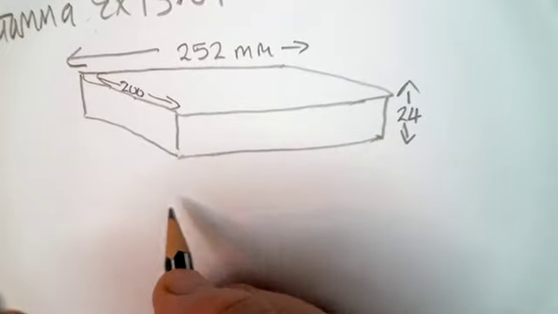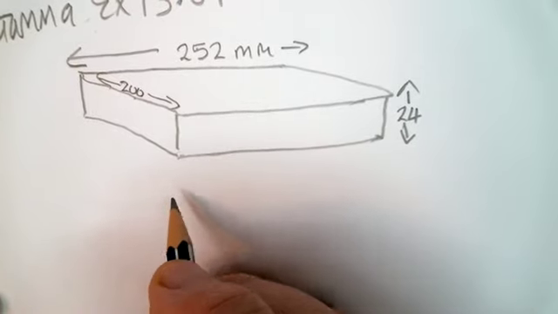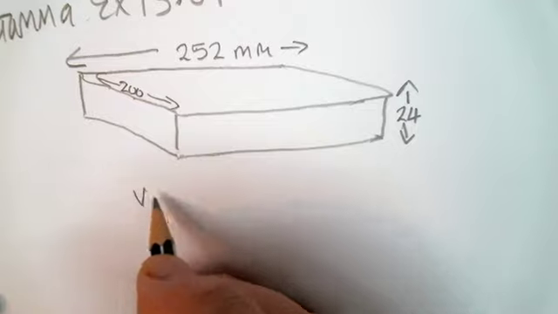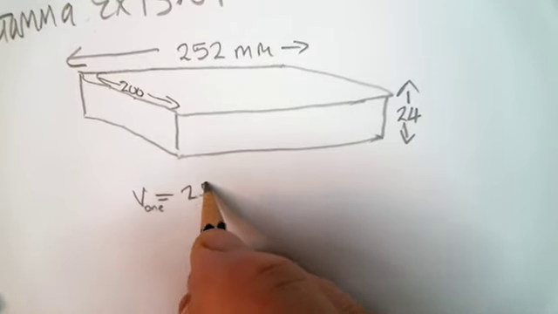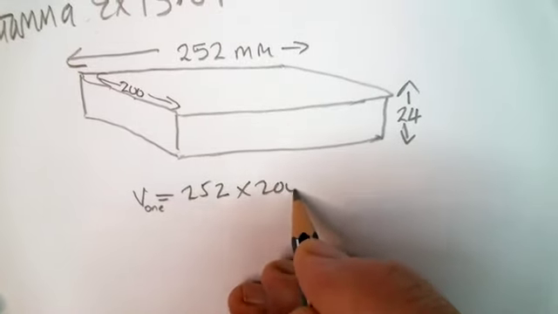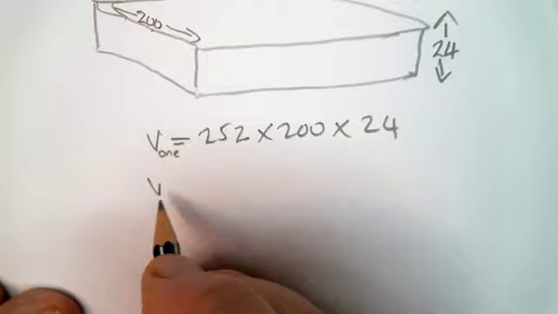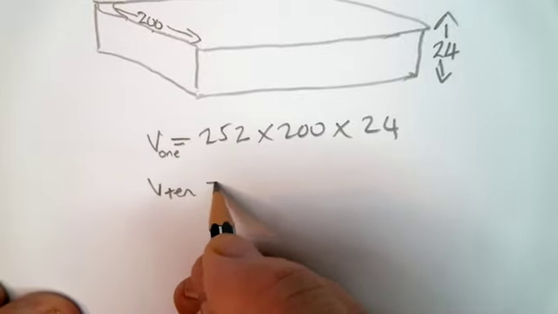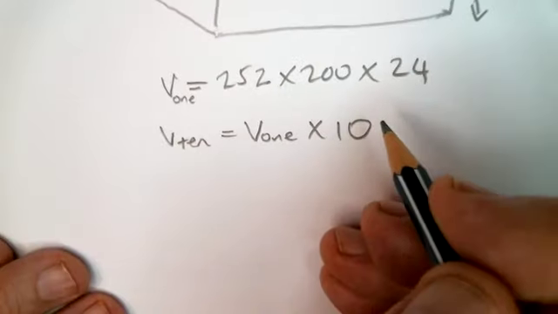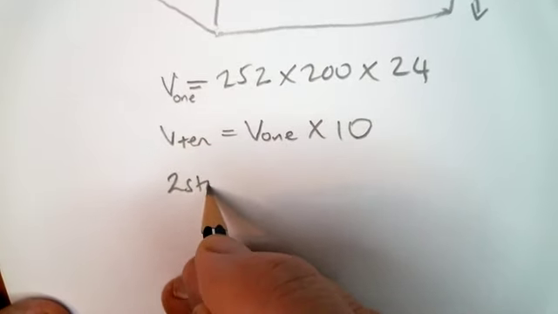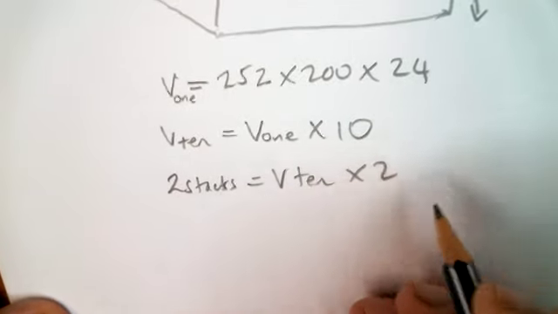So let's write that out. The stack in terms of its volume: the volume of 1 is 252 times 200 times 24. The volume of 10 is the volume of 1 times 10, and 2 stacks is the volume of 10 times 2.